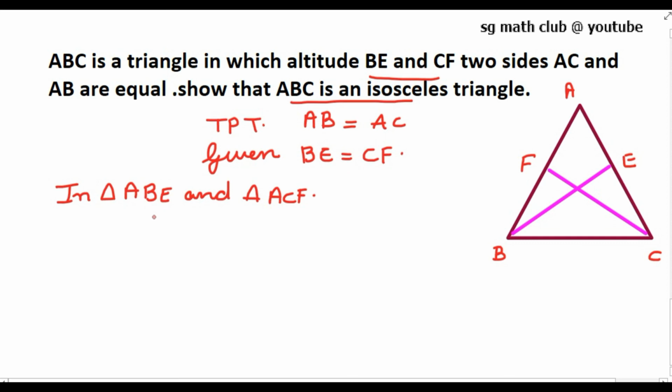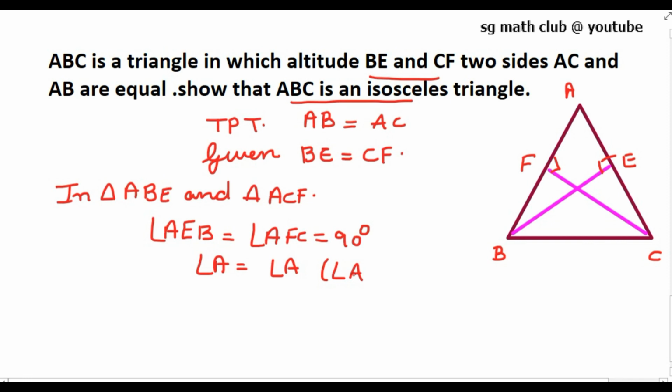Since they have given this altitude, we can write angle AEB equals angle AFC equals 90 degrees. For these two triangles, angle A is common for both of these triangles. Again, BE equals CF, because already it is given the altitudes are equal. So two angles and one side are equal.